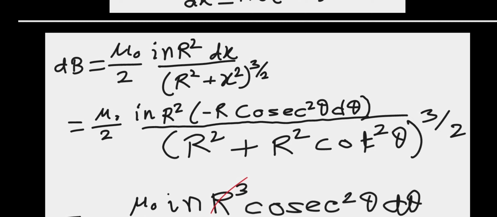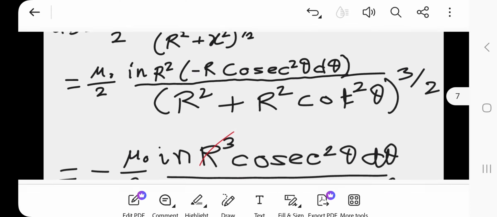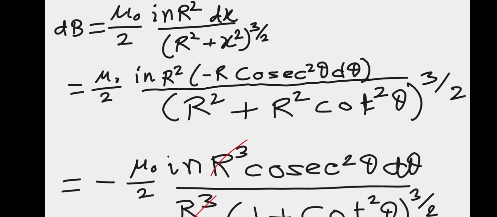Now we put in this value of dx and x. What we get? Mu 0 by 2 I n r square times minus r cosec square theta d theta. This is the value of dx, and we put x equals r cot theta, so x square is r square cot square theta, to the power 3 by 2.